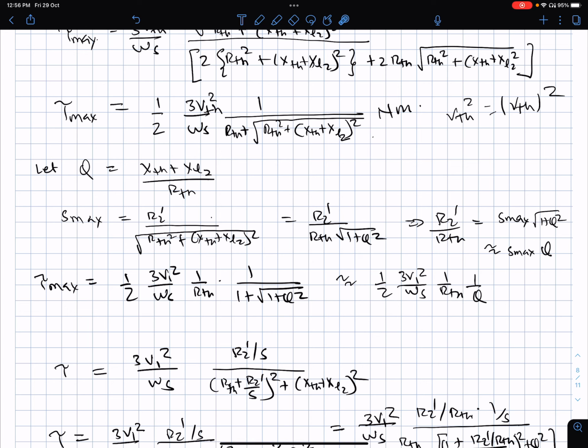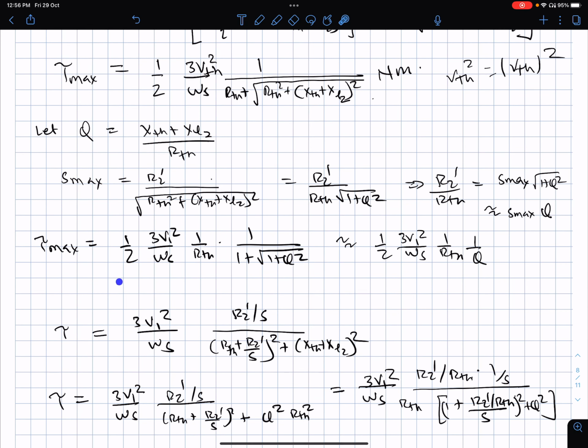I can approximate 1 plus Q square by Q square, and therefore I will get this term as R2 dash by R Thevenin times Q is equal to S max, or R2 dash by R Thevenin can be approximated by S max times Q. That's the point that I am trying to say.